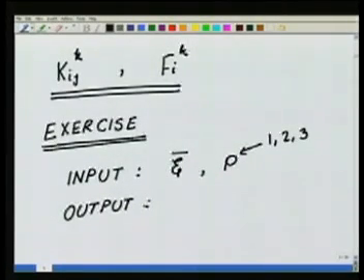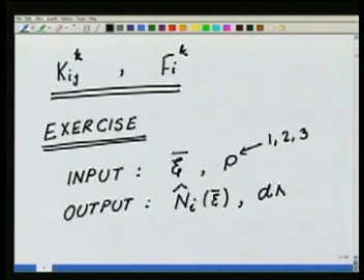is the values of the shape functions N_i hat at the point psi bar and the values of the derivatives of the shape functions at the point psi bar.